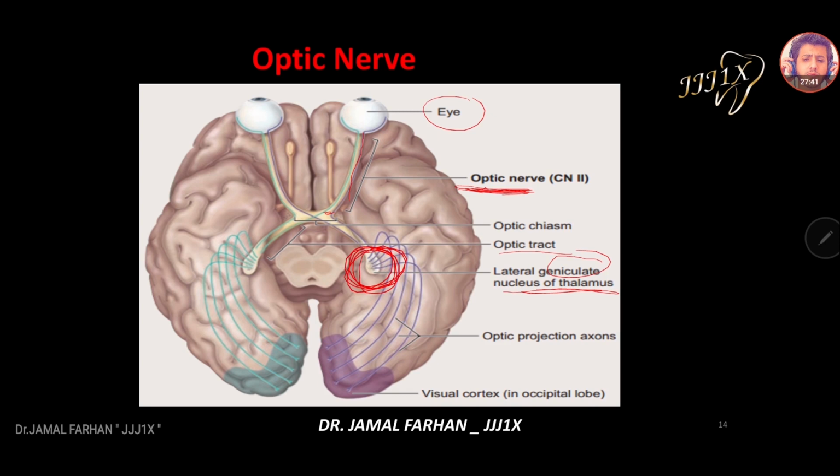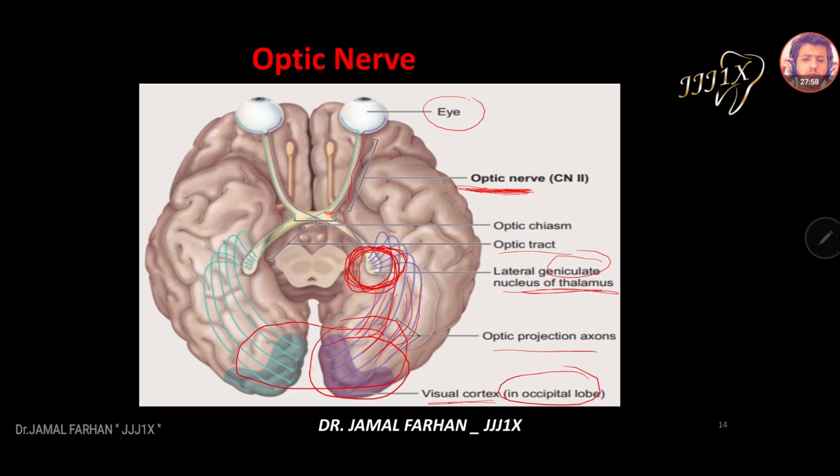Then it goes through something called the optic radiation, running through the brain to the occipital lobe. So the main site of vision is the occipital lobe.